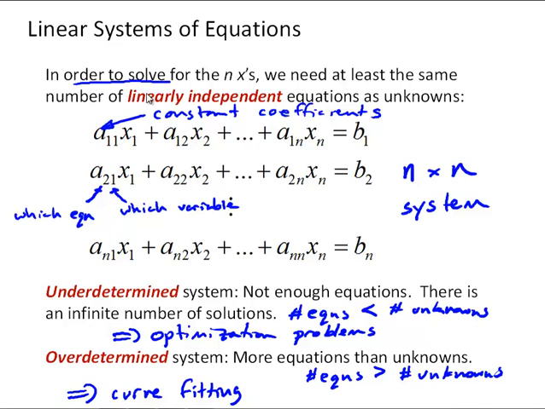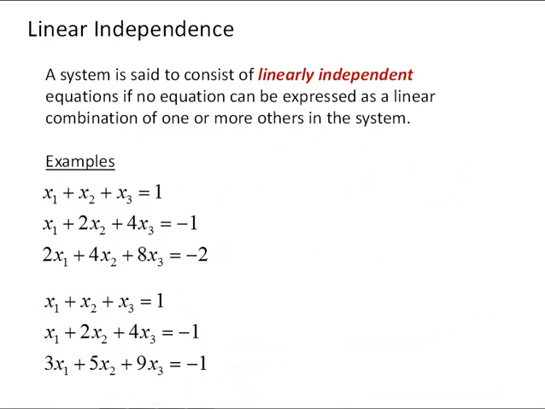So let's get back to this idea of linear independence. A system is said to consist of linearly independent equations if no equation can be expressed as a linear combination of one or more others in the system. So here are some examples that are not linearly independent. If we look at this first example, and you look at these equations, you can see that equation 3 is equal to twice equation 1.